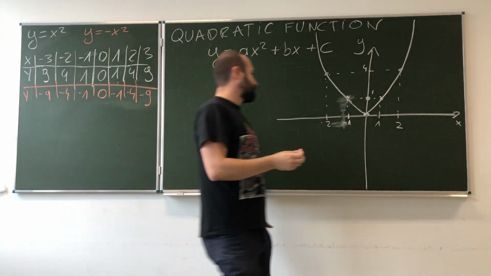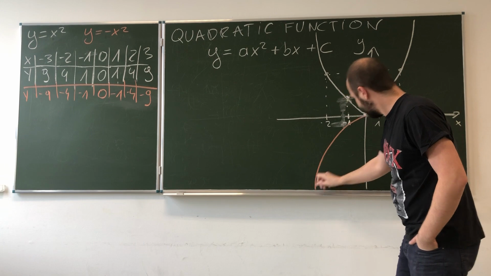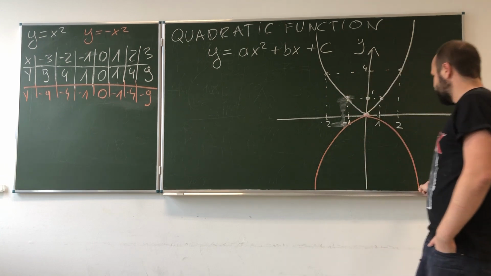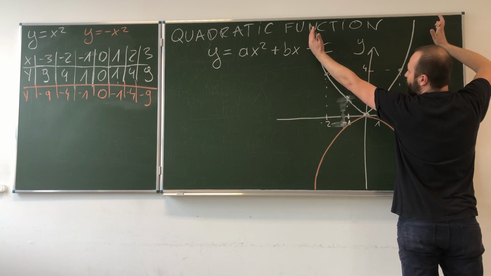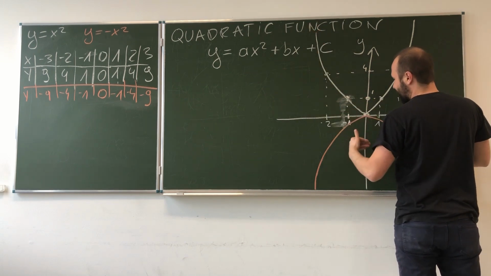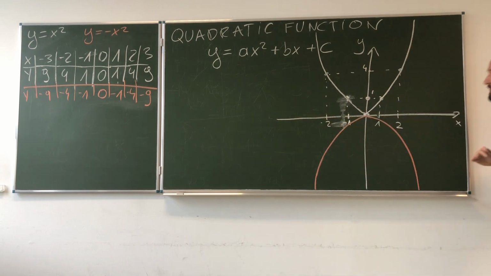If I draw this function right now, it will look like this. I know you might not see it on this graph, but now what we have is a mirror reflection of the old curve with respect to the x-axis.